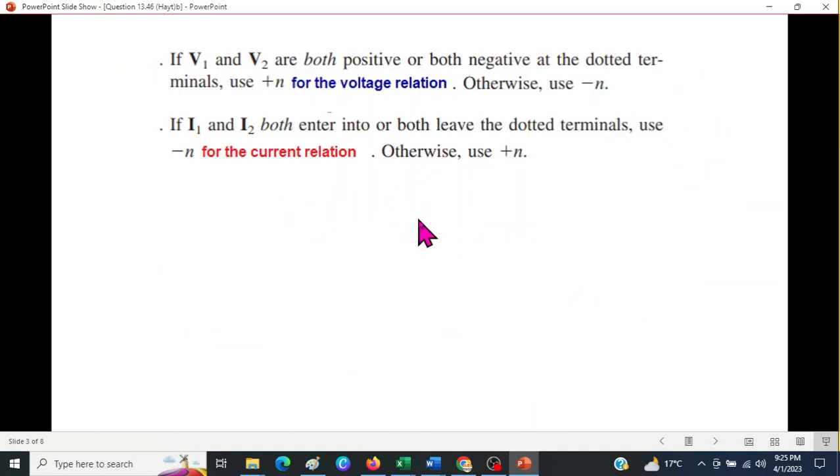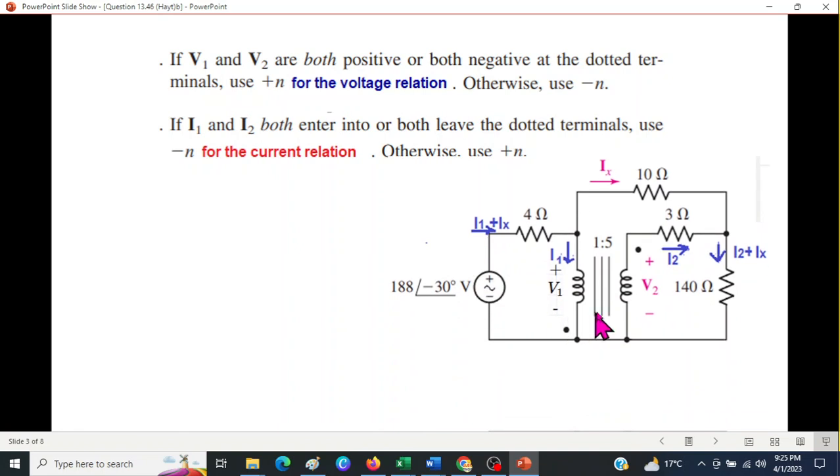Now, before we start, we have to understand these two rules. If V1 and V2 are both positive or both negative at the dotted terminal, use plus N. See the circuit. Our V1 is positive at the non-dotted terminal, and V2 is positive at the dotted terminal. So we have to use minus N because we have an opposite scenario.